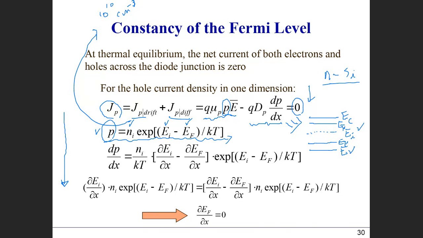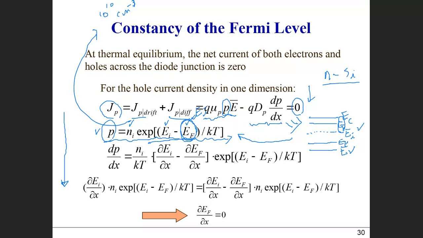Now, if EF is equal to EI, then we call that the intrinsic semiconductor, or intrinsic silicon in this case. Combining that concept, when EF is equal to EI, this term is 0, so the exponential is going to be 1.